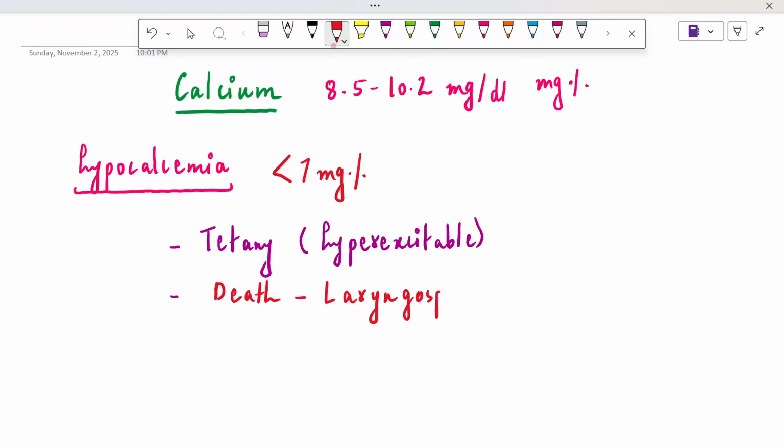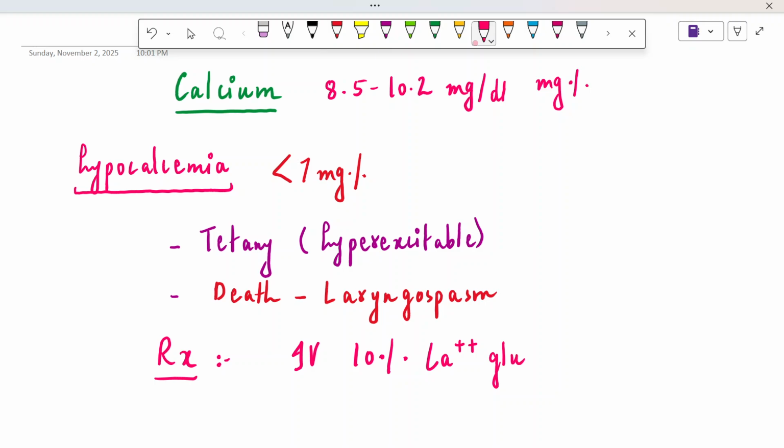The treatment for hypocalcemia is calcium supplements, and more specifically we can give intravenous 10% calcium gluconate. It's the treatment of choice in case of hypocalcemia. We can give calcium gluconate 10% intravenously, right?